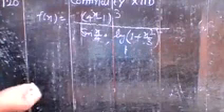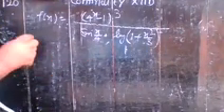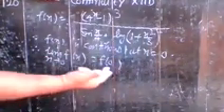Means here it is given f(x) is continuous at x is equal to 0. Then you have to find the value of f(0). Okay. So since f(x) is continuous at x is equal to 0, limit x tends to 0 f(x) is equal to f(0), and here you have to find the value of f(0).